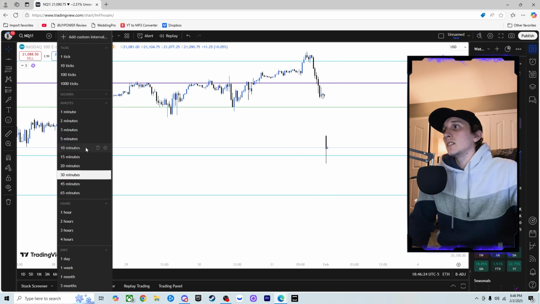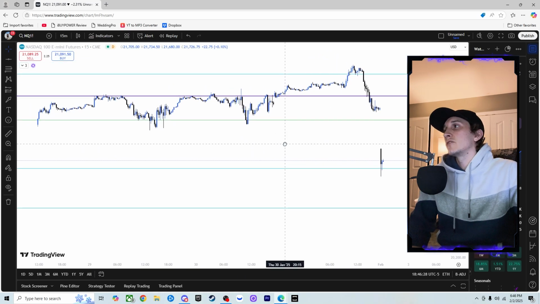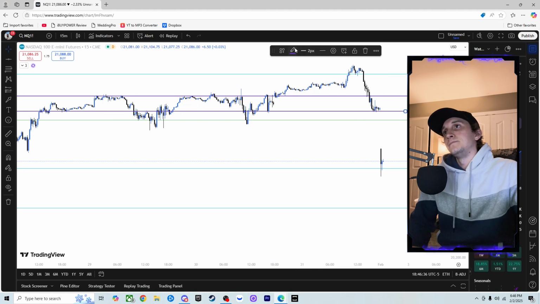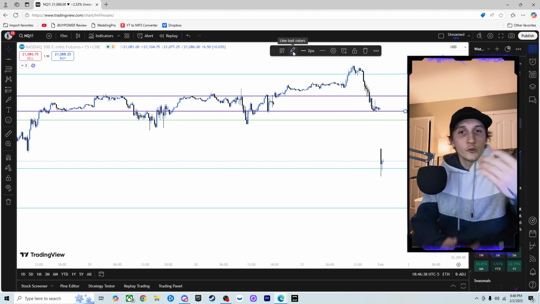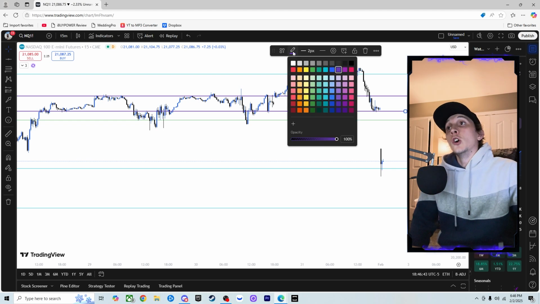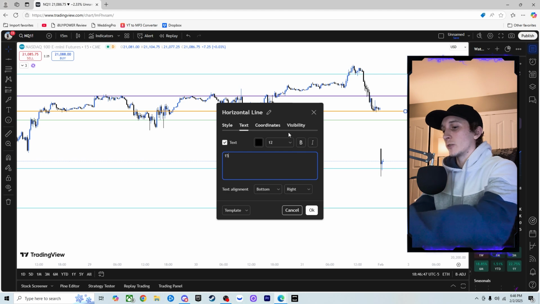Going down even to the 15-minute time frame, you can find these lower time frame levels to watch out for, because they are ultimately going to affect you depending on what kind of trader you are: scalper, day trader, swing trader, etc. You need to know where those areas are that you should be watching for price action to potentially react.